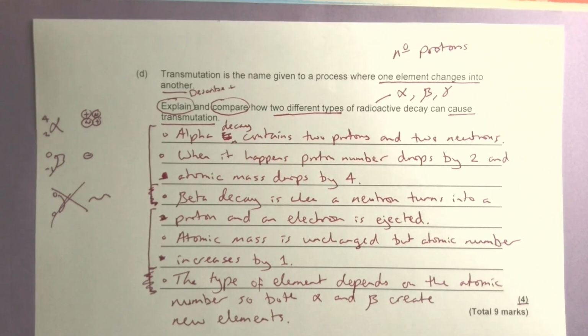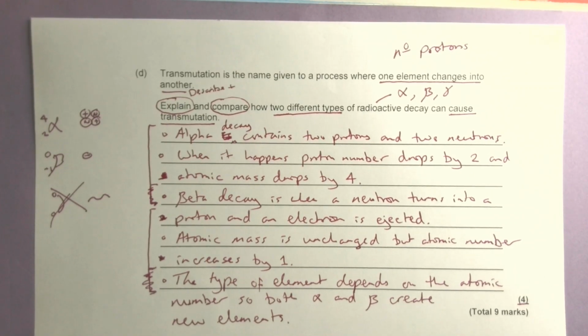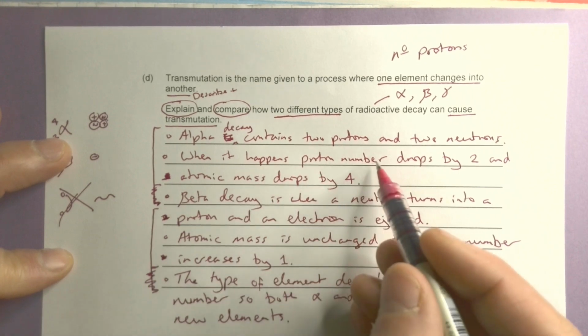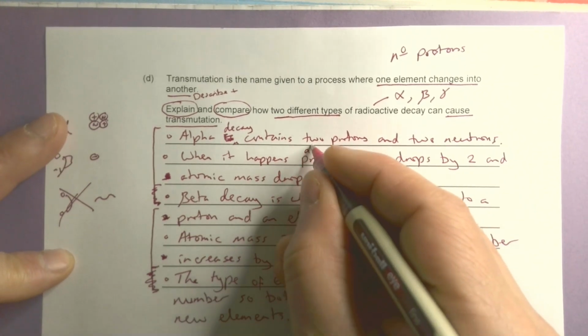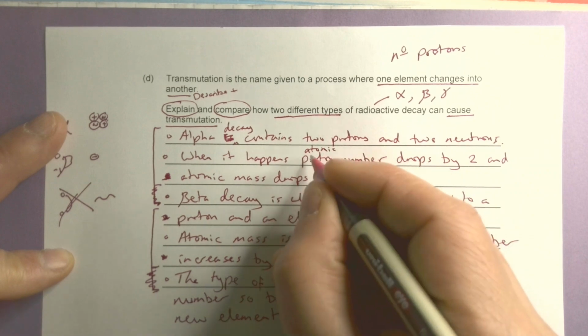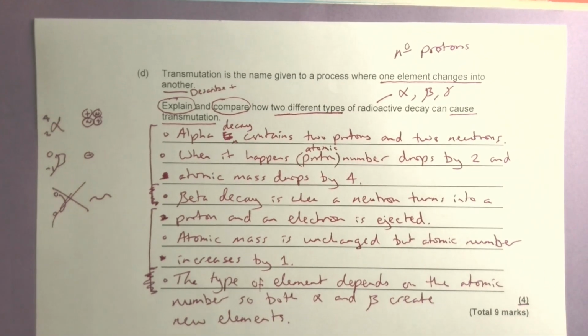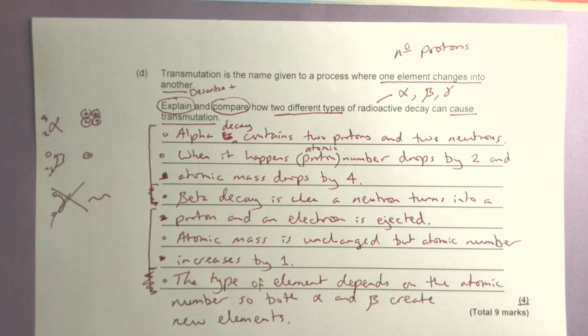Okay, I'm absolutely making sure that the examiner knows that I know that it's the number of protons that determines what happens. I just noticed up here, actually, I've called it the proton number. When it happens, proton number drops by 2. There we go, proton, atomic number. Atomic number and proton number are the same thing. One is, I think, the old specification name for it, but if you remember proton number, it's still fine. But remember, atomic number is proton number.